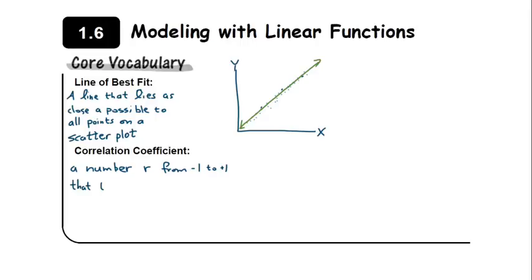That tells how closely the data, not the data, the equation, fits the data.